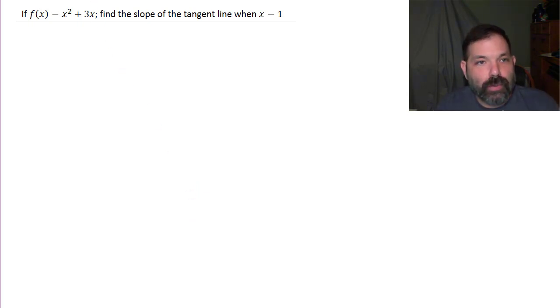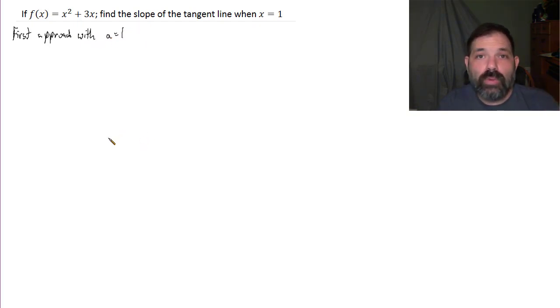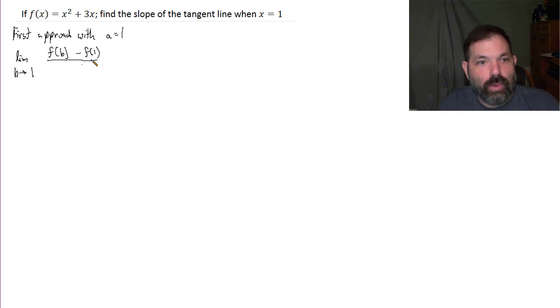Alright, so using the first approach, when x equals 1, with a equal to 1, then the slope of the tangent line is the limit as b approaches 1, where b is some other value out there, and I'd have f of b minus f of 1 over b minus 1.